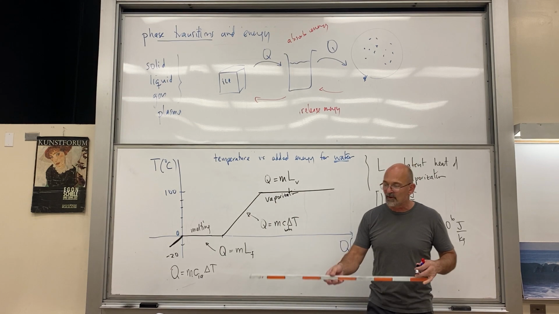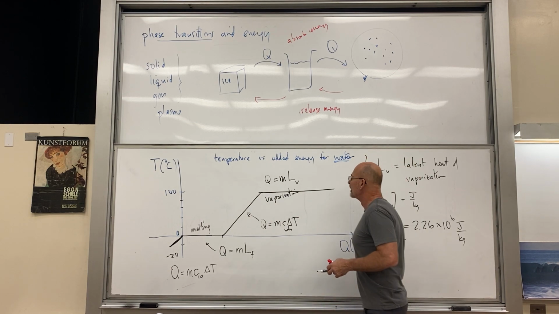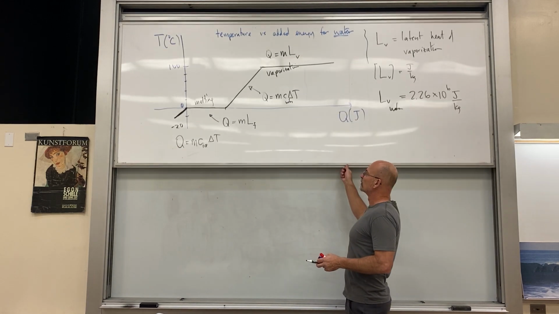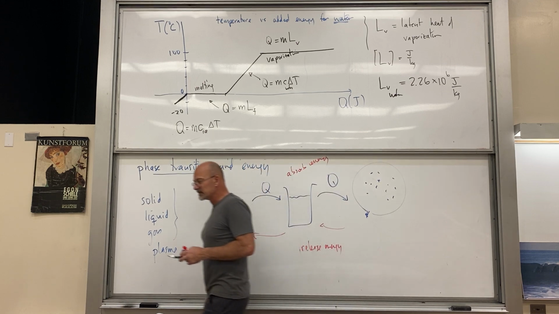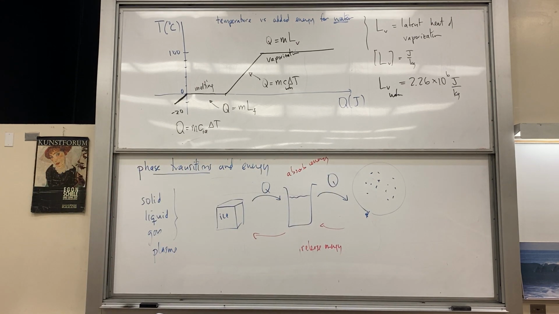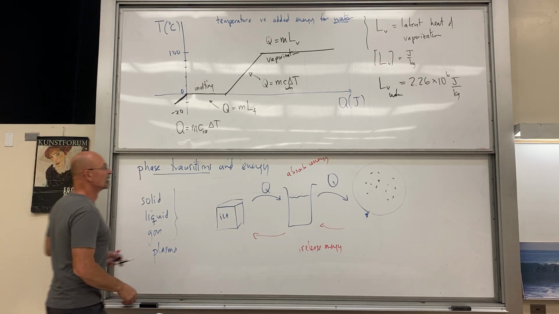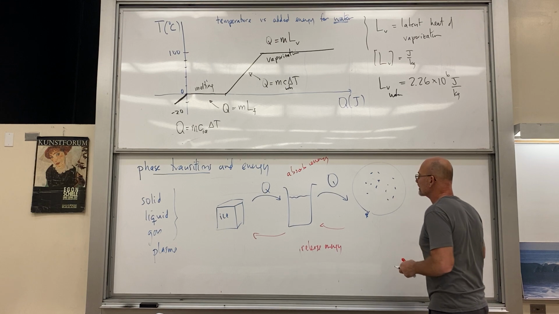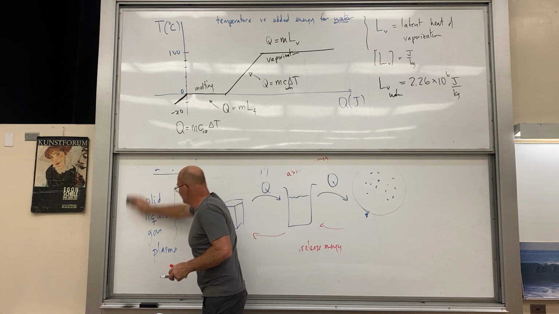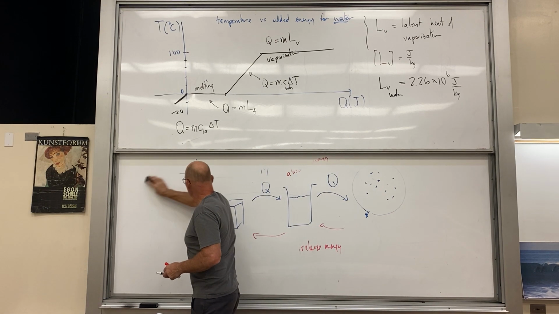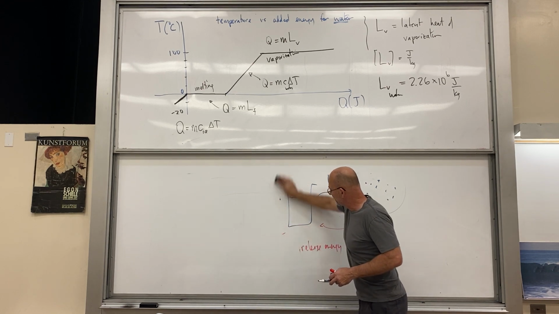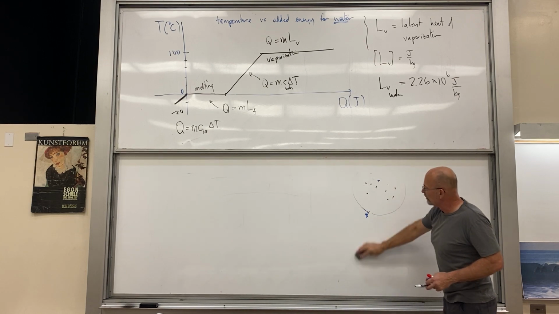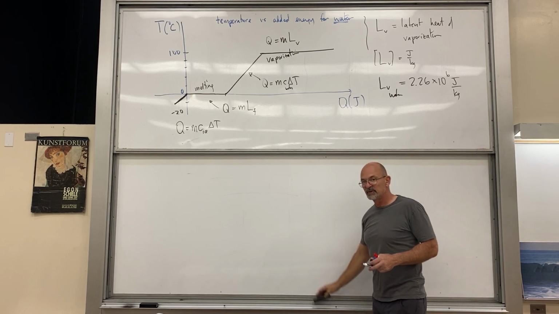Okay, we want to compare those amounts so we can put them into perspective. Okay, let's go ahead and erase this. So the two amounts of energy, how much it takes to melt ice and how much it takes to bring that water up to boiling.